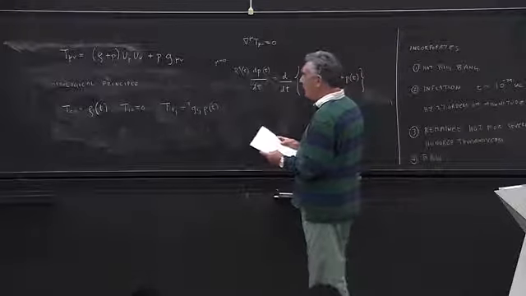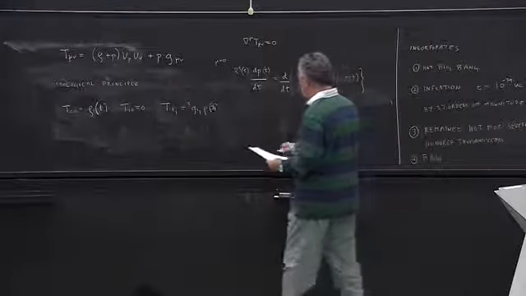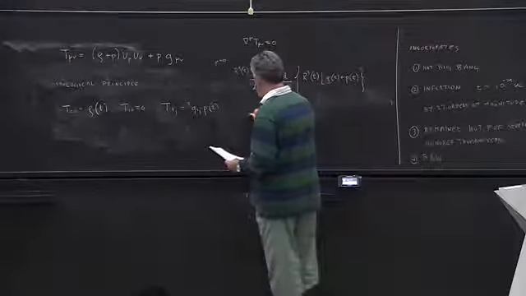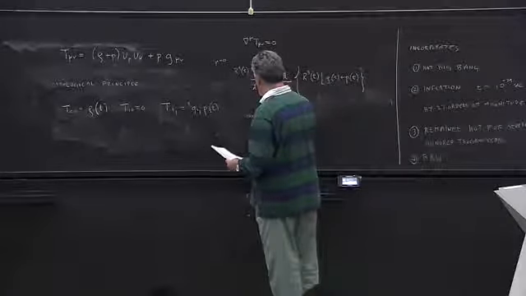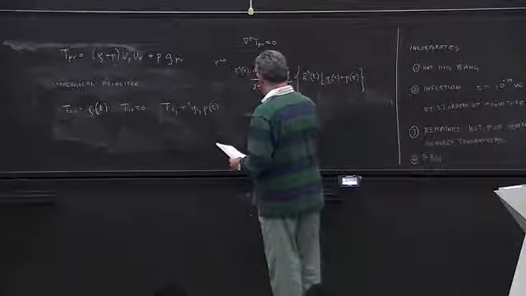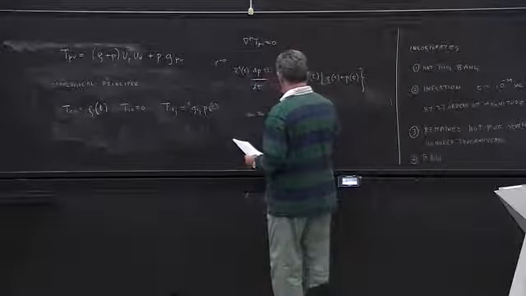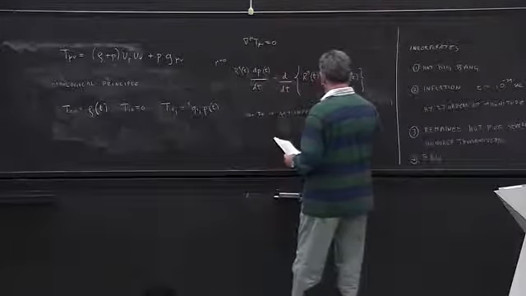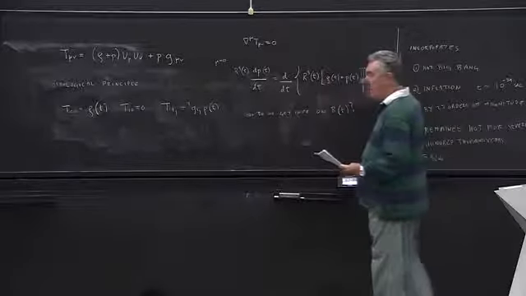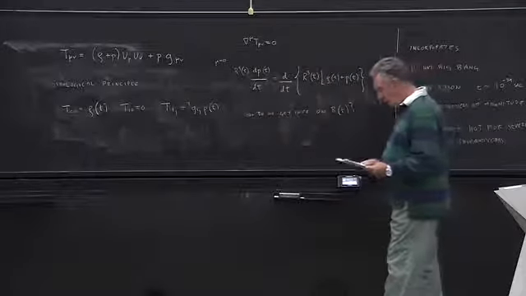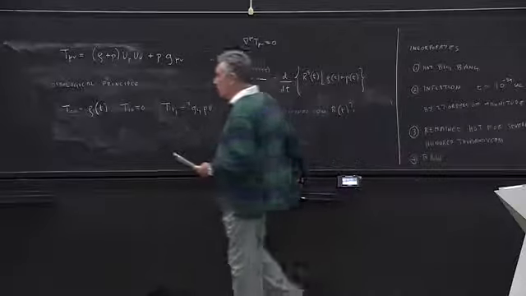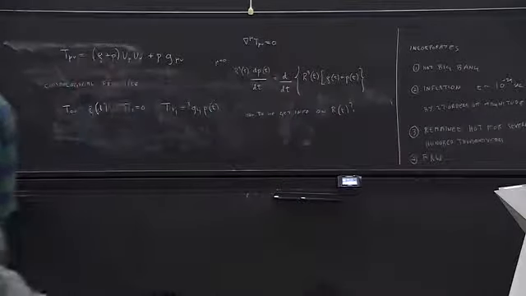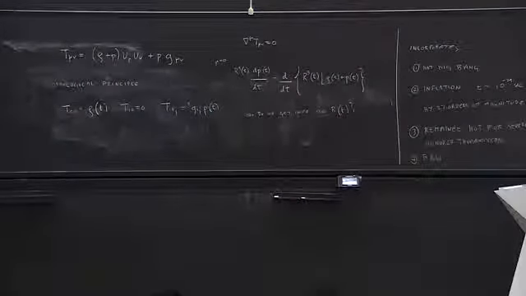Now, how do we get information on this R of t? It's clearly an important question. And this brings us to galactic redshift.